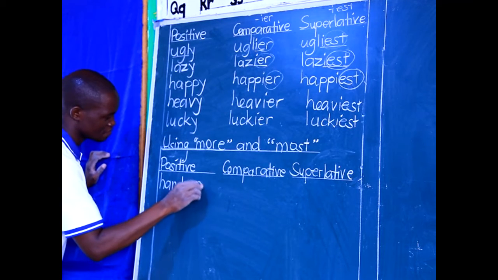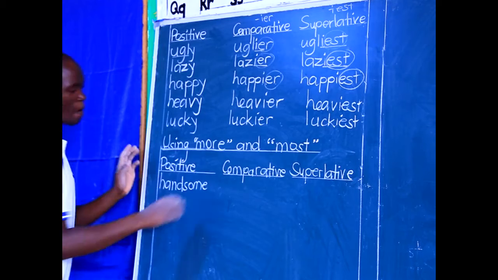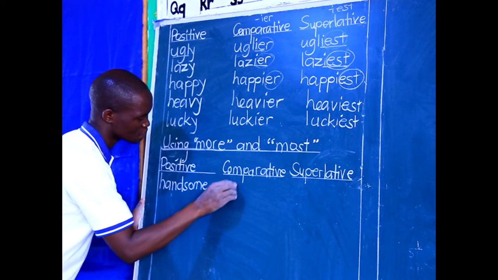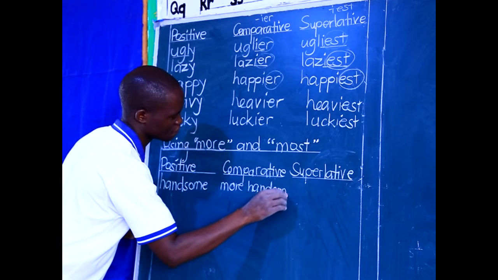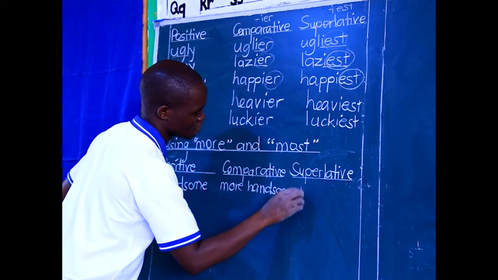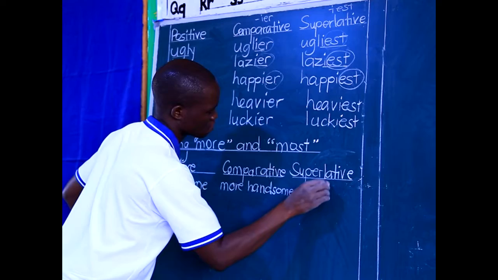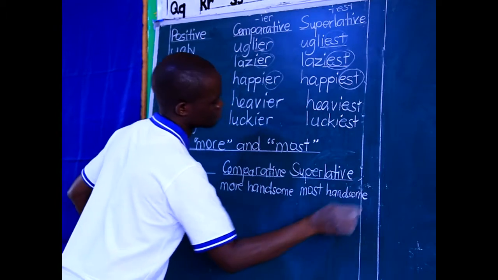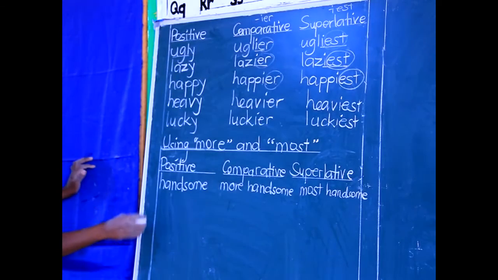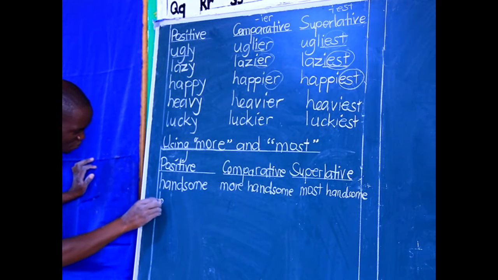He is handsome, changes to more handsome. That is comparative. And the superlative is most what? Handsome. Most handsome. We go. We have adjectives like beautiful.